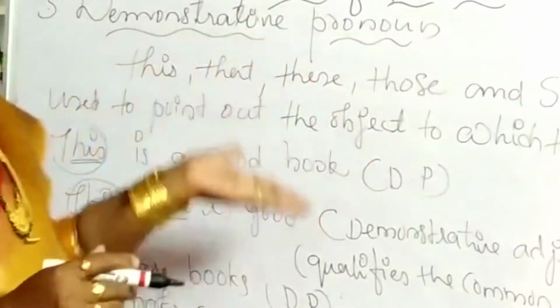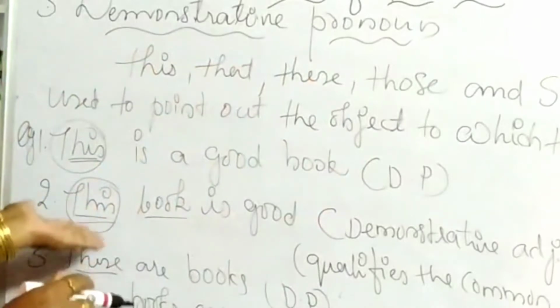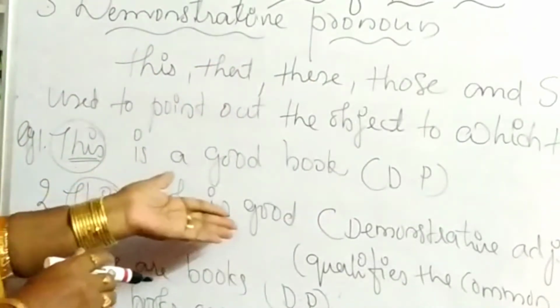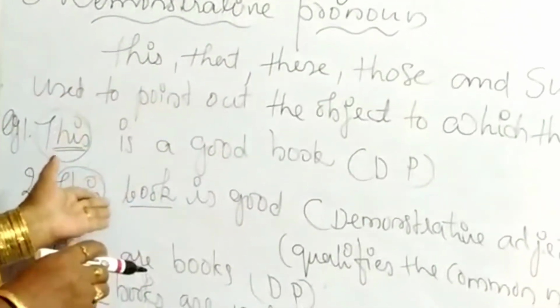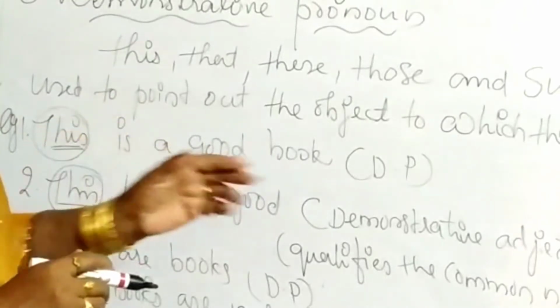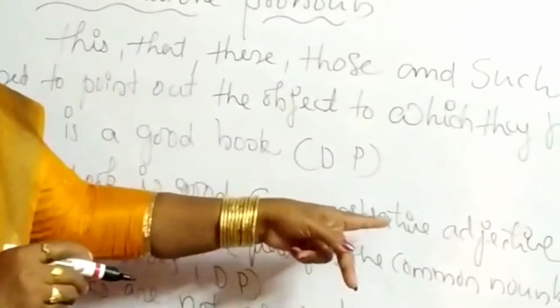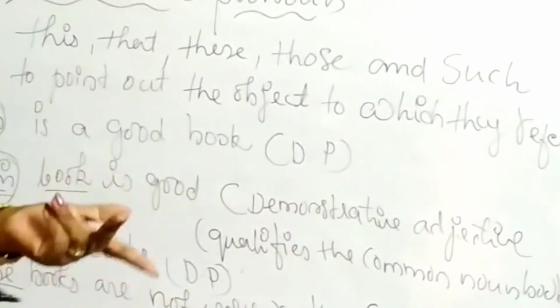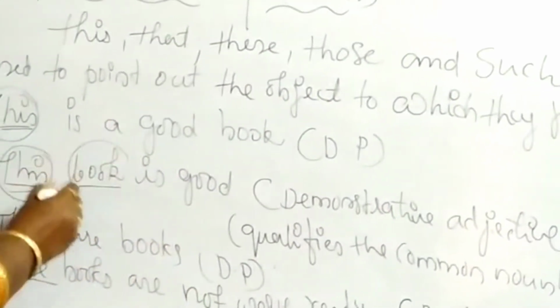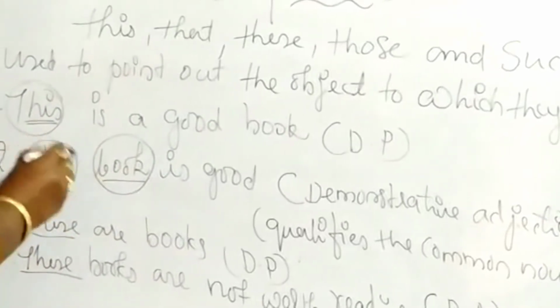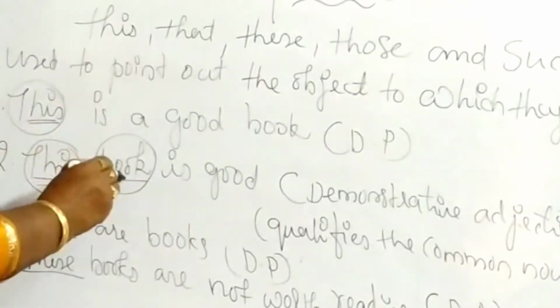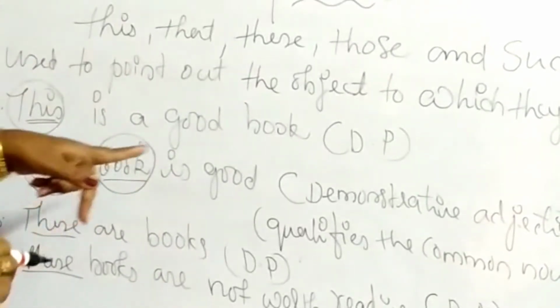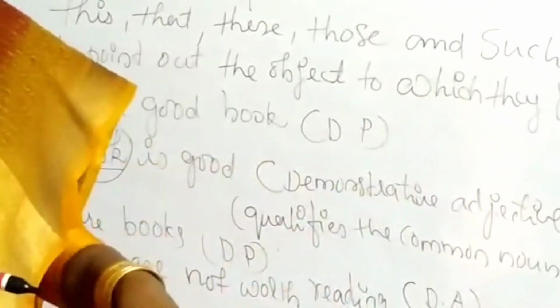This book is good: here we use a demonstrative adjective. What is an adjective? It qualifies a noun. Here the common noun is book, so this is used for qualifying the book. That's the reason it is a demonstrative adjective.